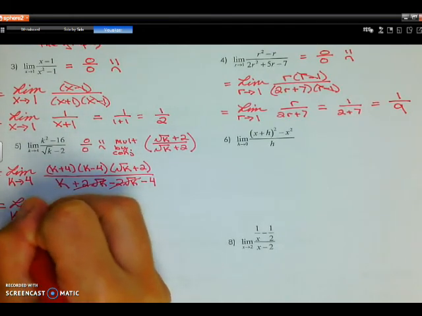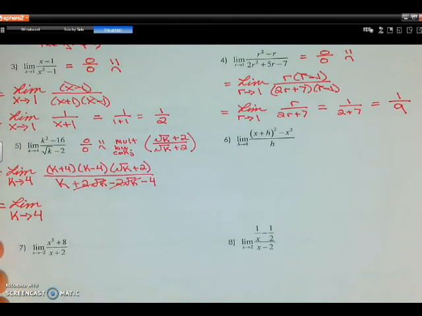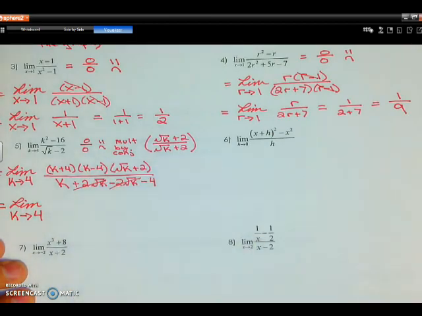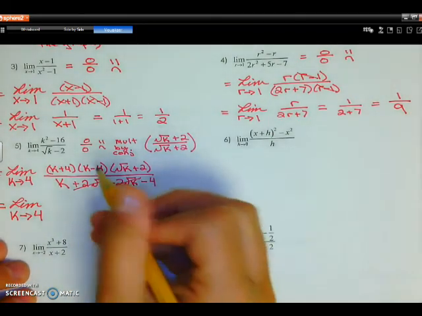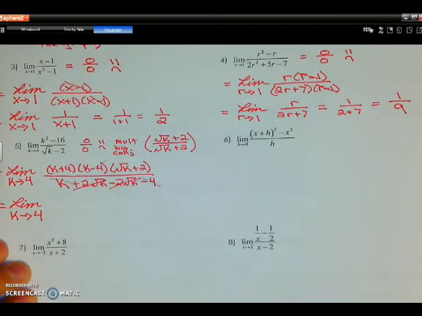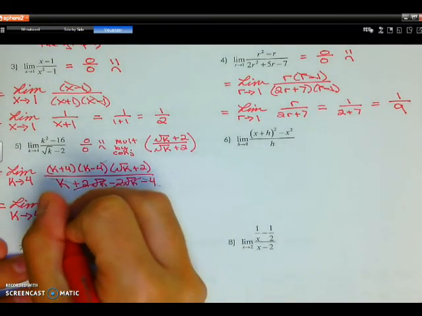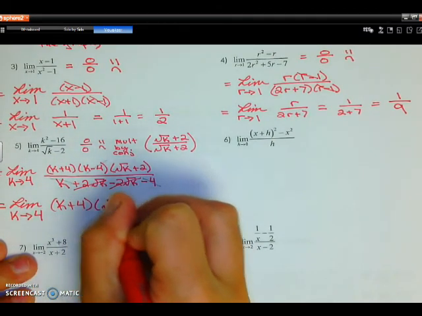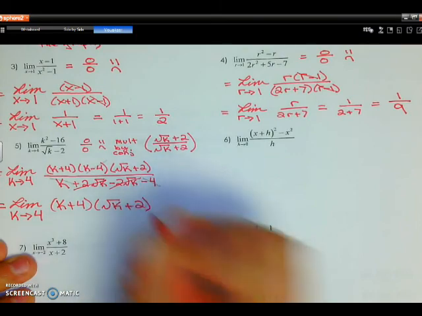I didn't take the limit yet, so guess what? I'm rewriting it. So I have the limit as k approaches 4, and in the numerator, I don't have this anymore because this is going to take out those two. And so all I'm left with is k plus 4 times radical k plus 2.